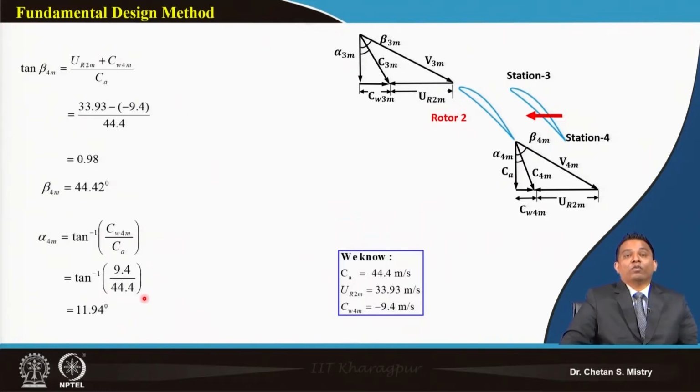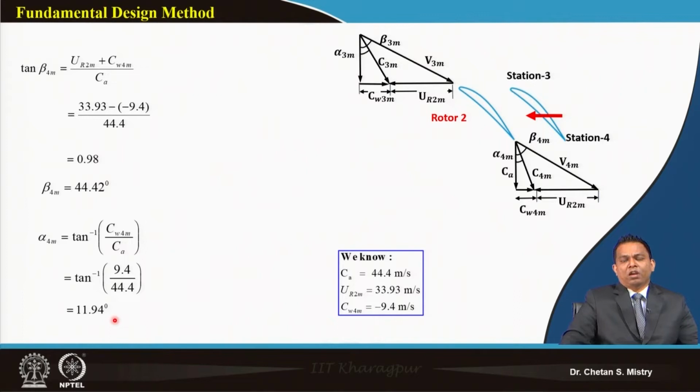We can calculate beta 4, the angle with which the flow comes out, and it comes to 44.42. My alpha 4 is the absolute exit flow angle. Putting in CW4 by CA, it comes to 11.94.